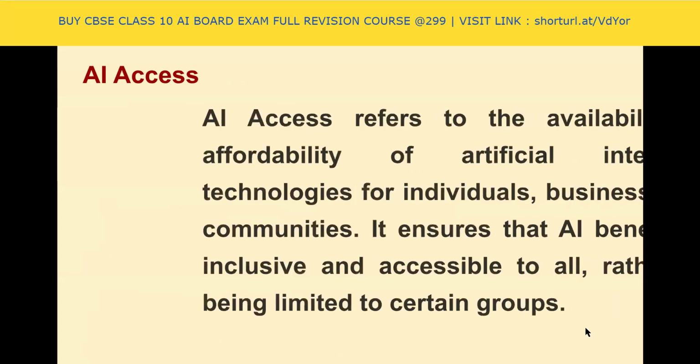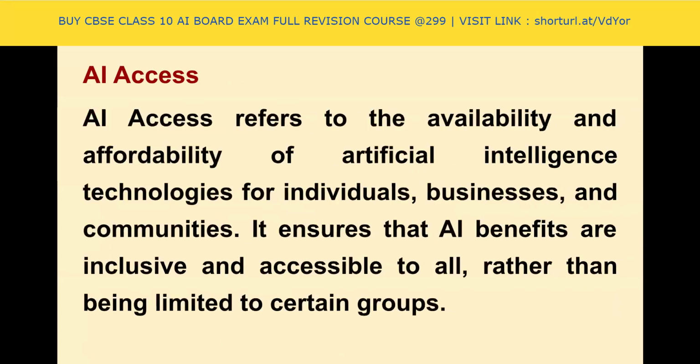Now the next is, what is AI access? Okay. So, though there's a lot of talk about AI-related technology, unfortunately, much of the technology is available to us free of cost. But as we go for some kind of customized application, those applications require you to pay.